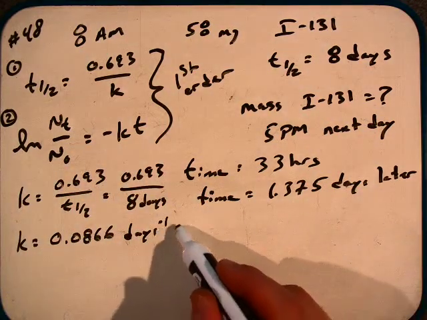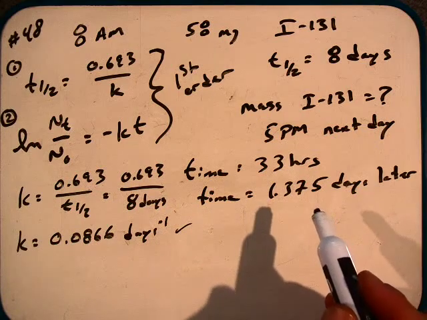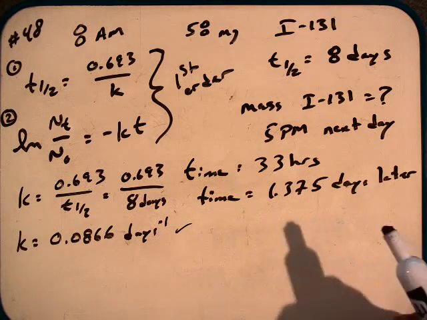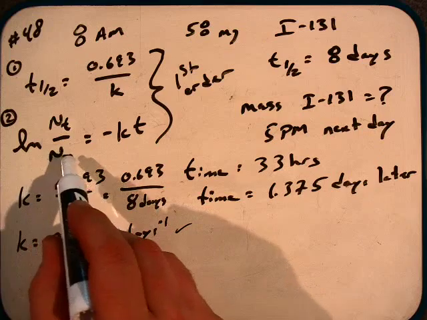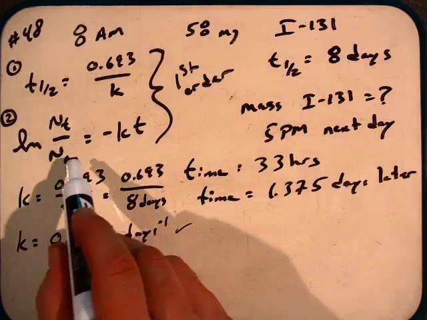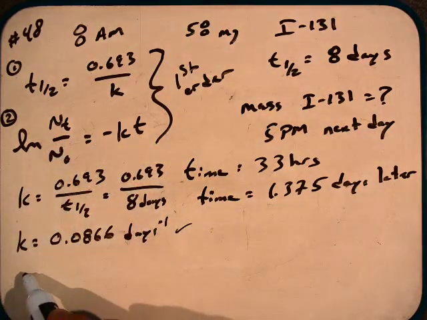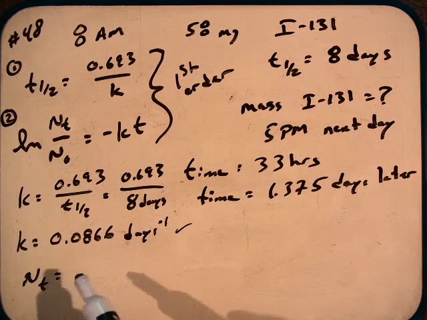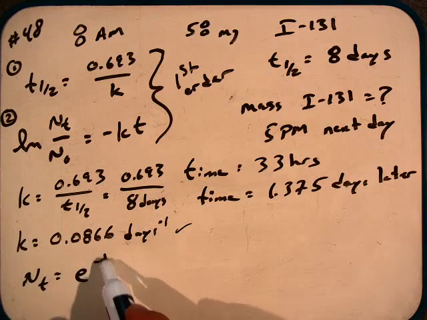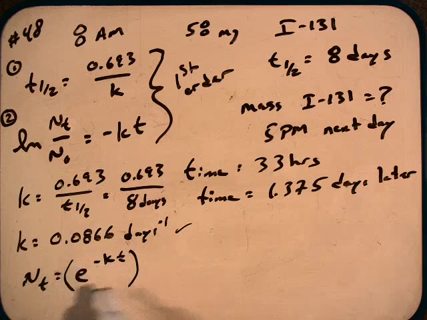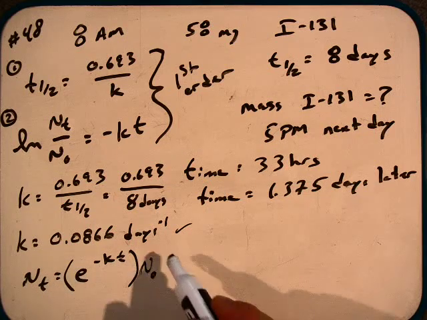So we solved for the first part of this. Now let's get to the second part. Again, we want to rearrange it. If we take e to both sides and then solve for N sub t, our N sub t would be equal to e to the negative kt, that quantity, times that initial value.